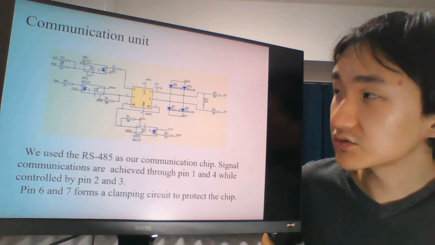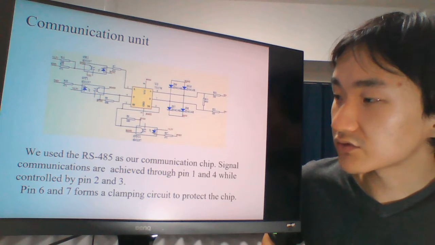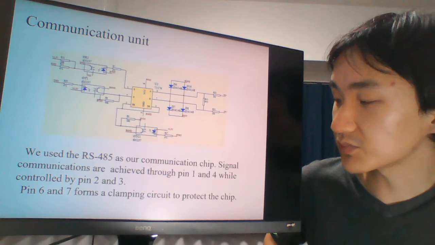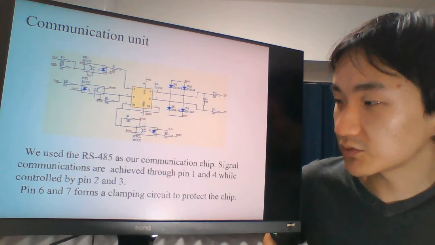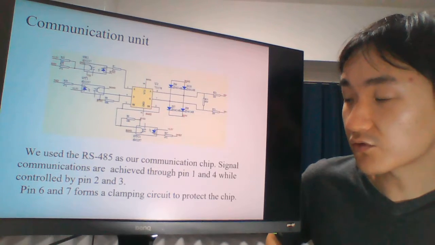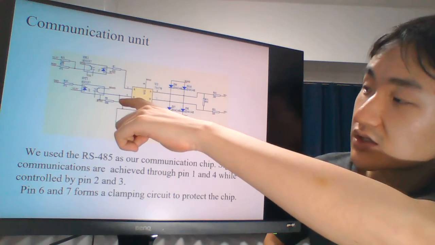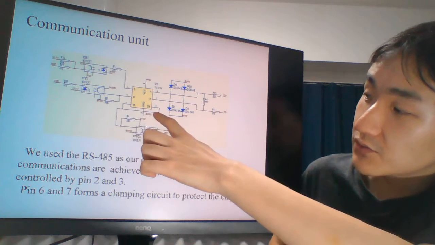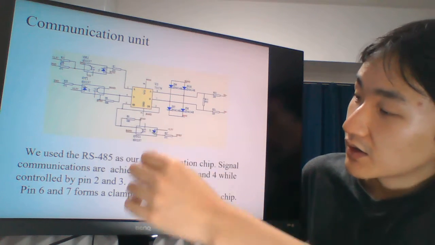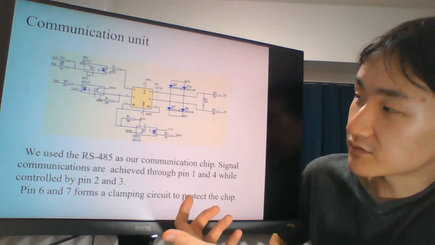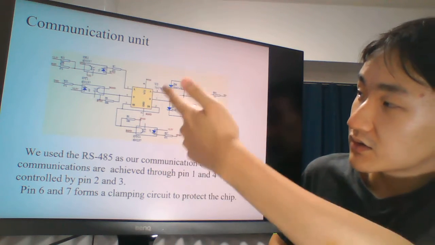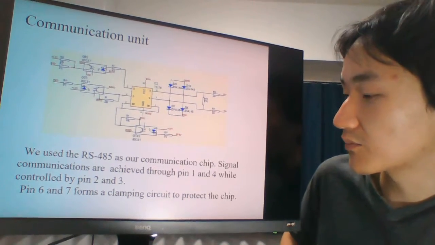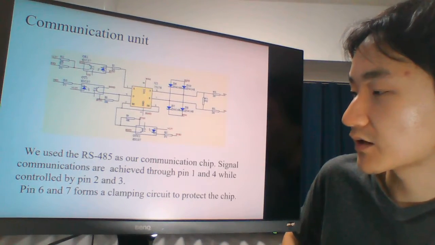And for the communication unit, we use the RS485 as our communication chip. Signal communications are achieved through pins 1 and 4, which are controlled by pins 3 and 2. And pins 6 and 7 form a clamping circuit, which can protect our communication chip.